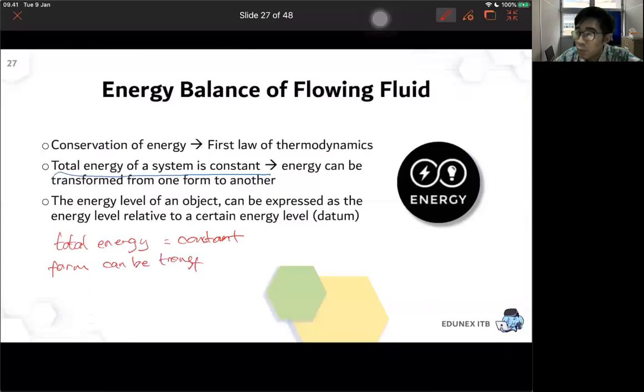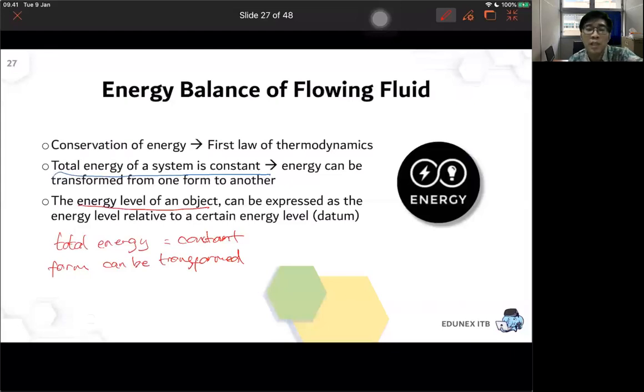Later we will discuss what kind of energy is contained by the flowing fluid. The energy level of a system can be calculated based on relative energy.